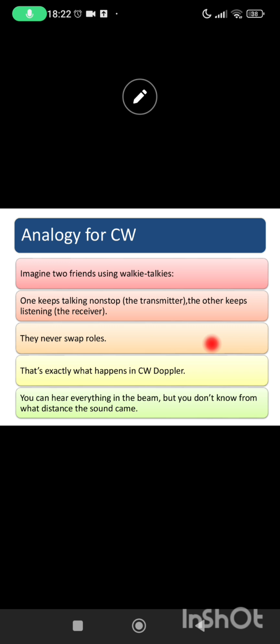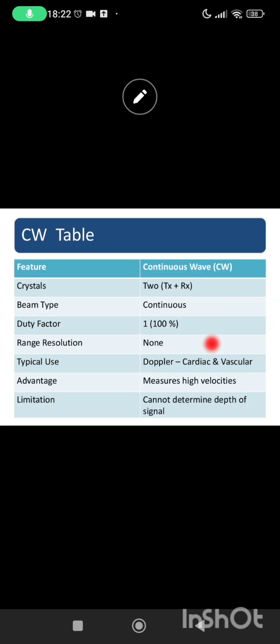And you can listen to very high velocity blood flow signals, but the problem is you don't know where they are coming from. Now here is a comparison, the CW feature table. We can see it has two crystals and the beam is continuous, because of continuous transmission, no gap.